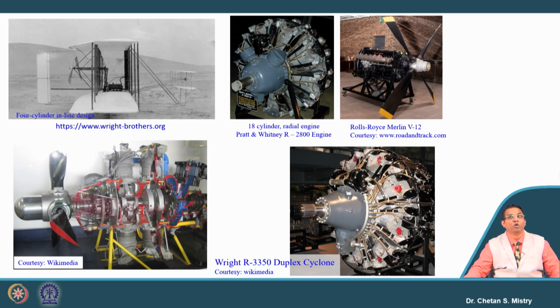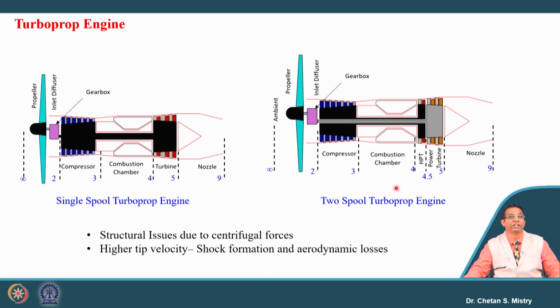So let's try to look at how exactly these turboprop engines look. Here if you look, the construction detail of this turboprop engine is in line with what we looked at for the turbojet engine. The additional component here you will see is the gearbox, and this gearbox is connected with the propeller. So this we say is a single spool turboprop engine.